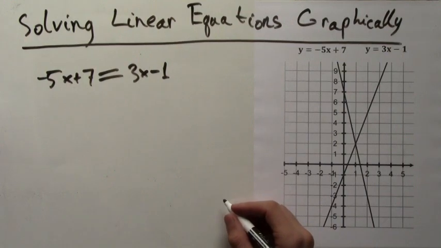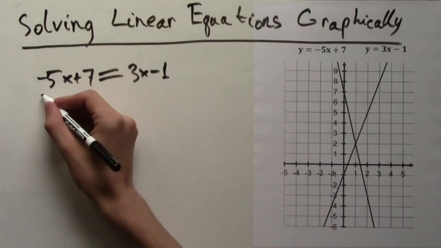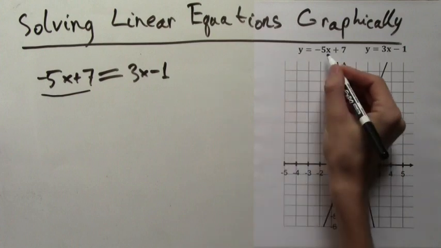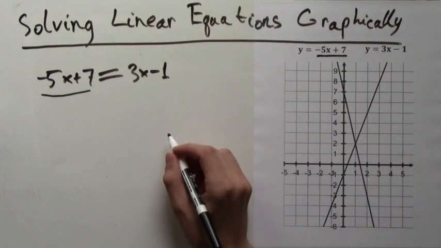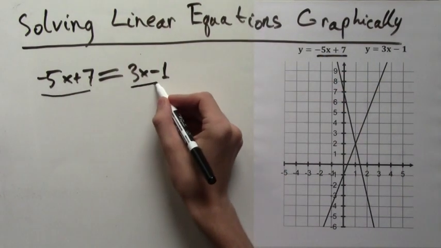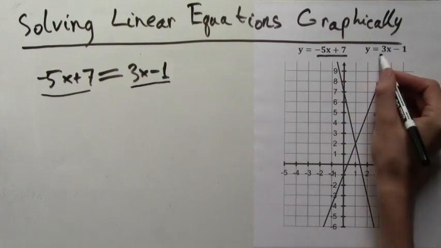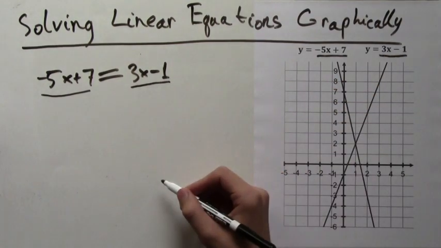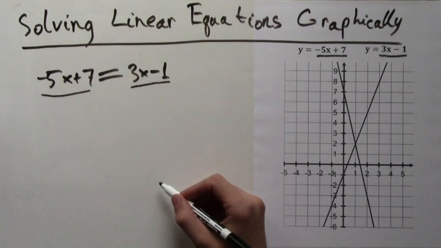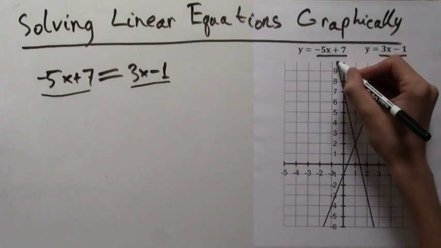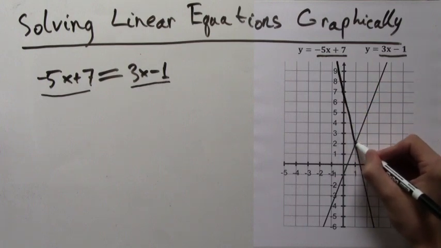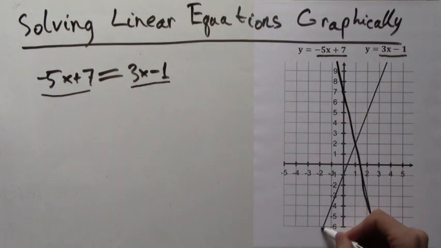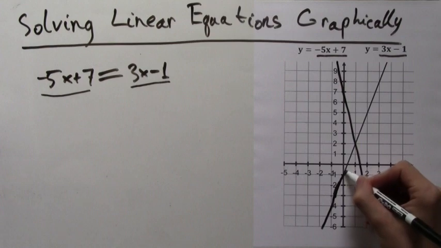We have the linear equation negative 5x plus 7 equals 3x minus 1. And on the graph, on the coordinate plane, we have the lines y equals 3x minus 1 on the right, and y equals negative 5x plus 7 on the left. These make two lines, and each function is one side of the linear equation.